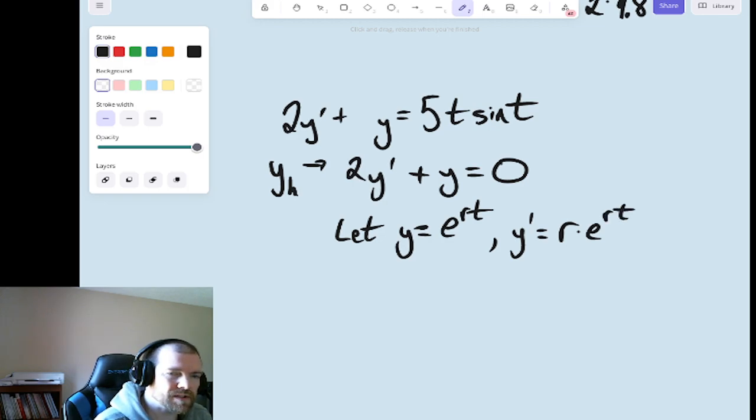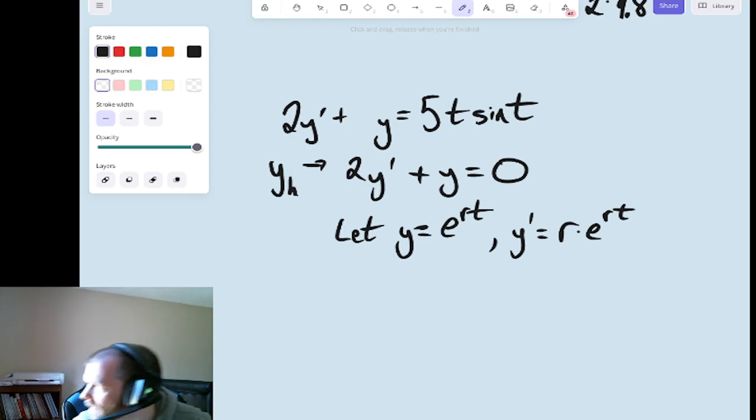The reason we do this is we're looking for some number that, when you differentiate the function, is combined with the original and the two combine to get you 0. So the derivative and the original function are very closely related to each other, and e to the rt sounds reasonable.